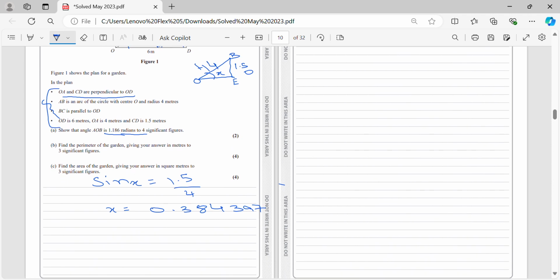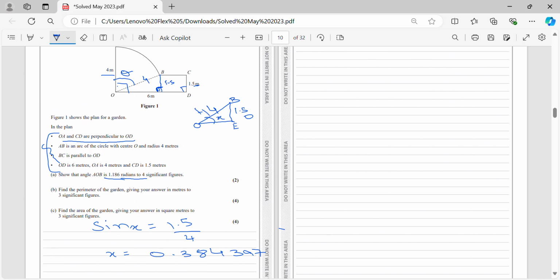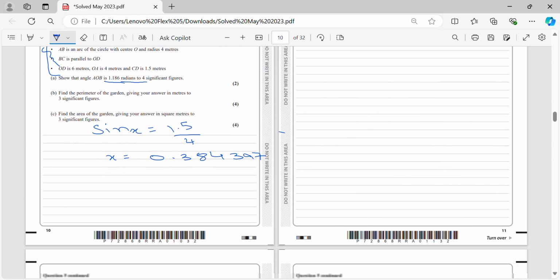Then I have to show that angle AOB is 1.186. So I will subtract it from the full angle: pi by 2 minus 0.384397 to get theta.